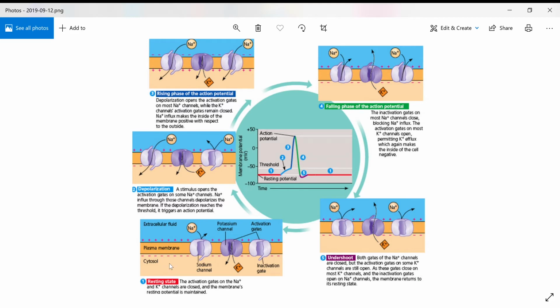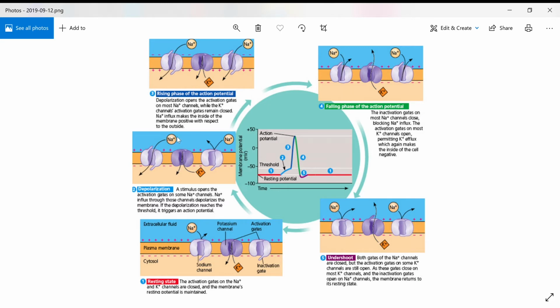It's just at negative 70 within the cell. So the cell is more negative than the outside of the cell at this point. Once there is a little bit of stimulus, which is right here in number 2, the ion channels start to open, or more and more of the ion channels start to open, specifically the sodium ion channels.